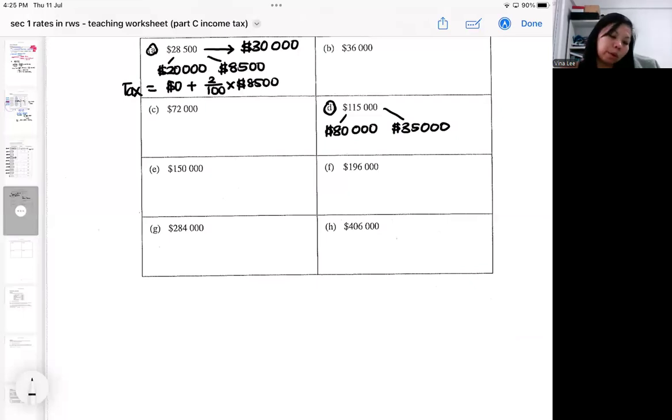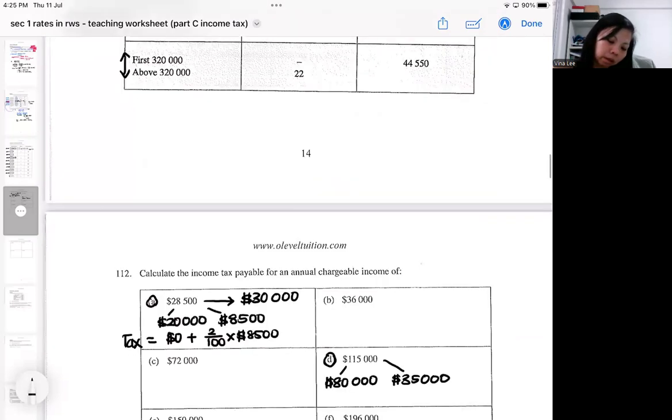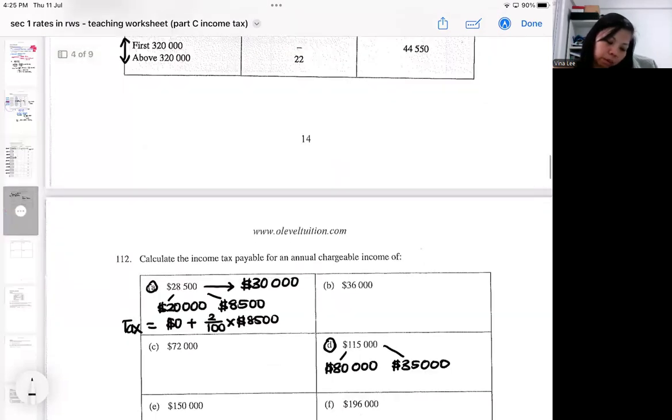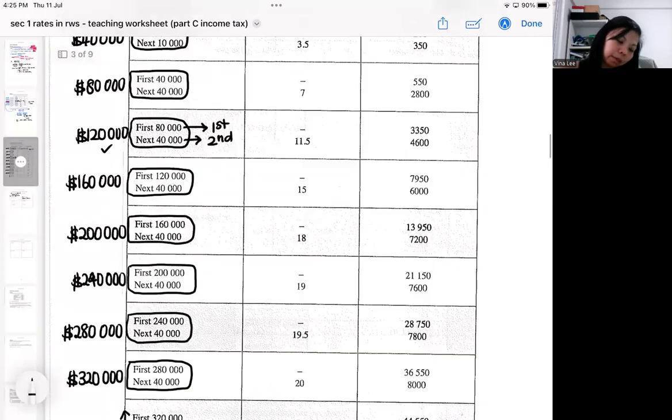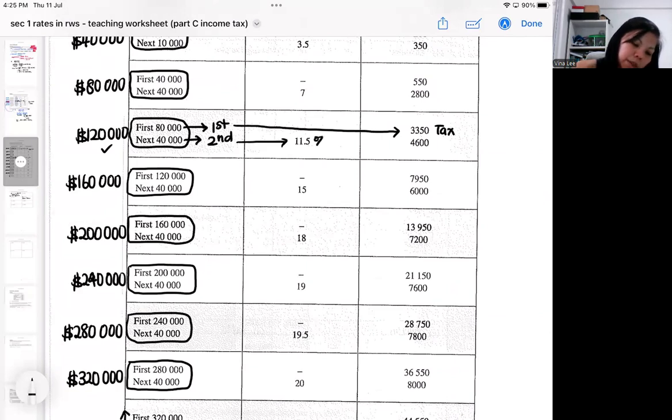So if you go to the bracket correctly, then you will be able to split according to what they tell you. So the first basket, this is the tax that you are going to pay. The second basket is 11.5%, and this is the maximum that can be paid from the second basket.